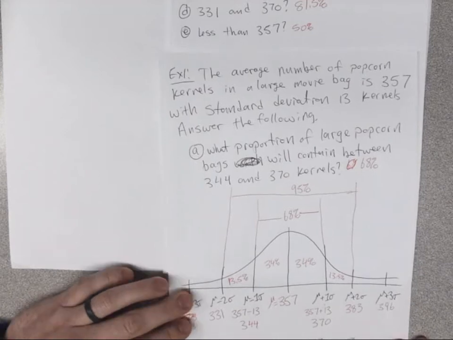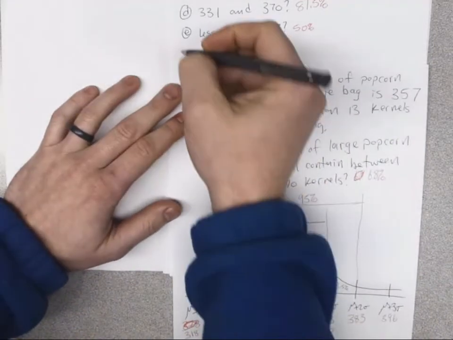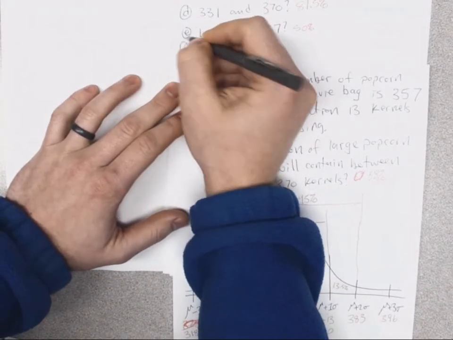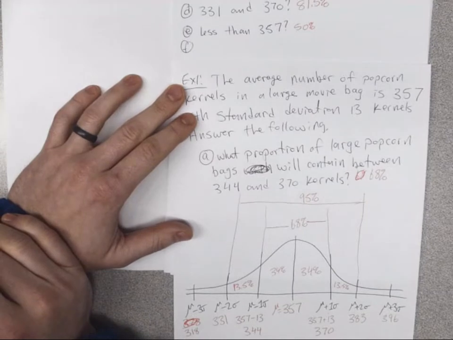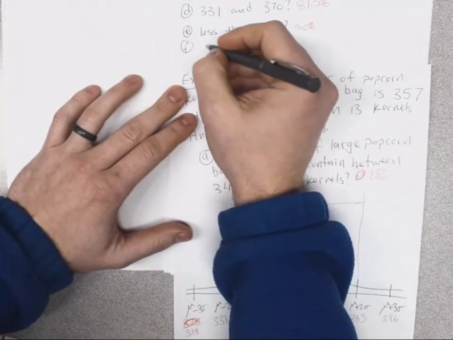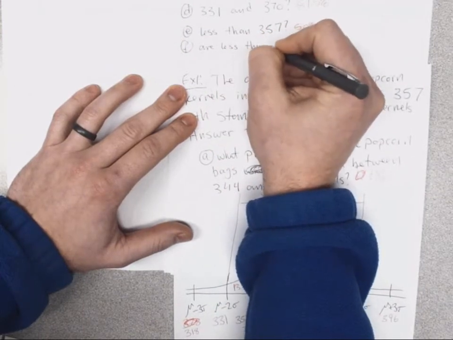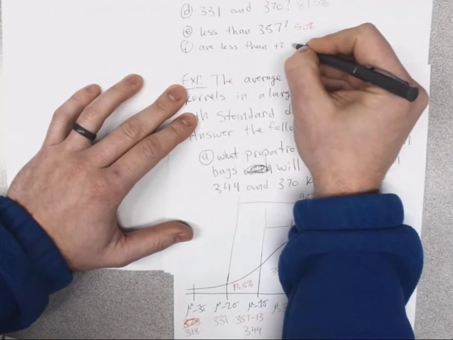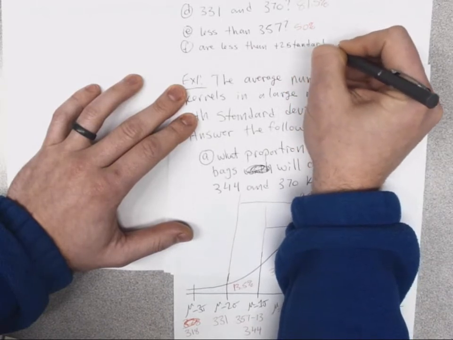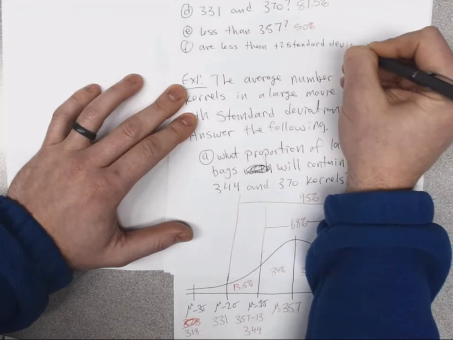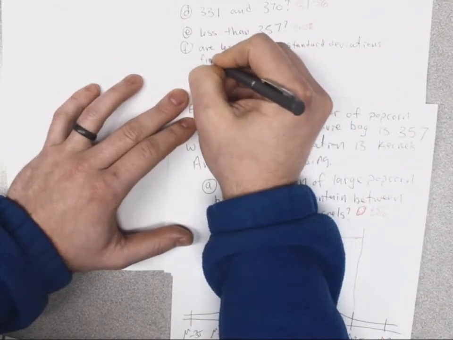Okay. The next question I want to ask is F. What proportion of large popcorn bags are less than plus 2 standard deviations from the mean?